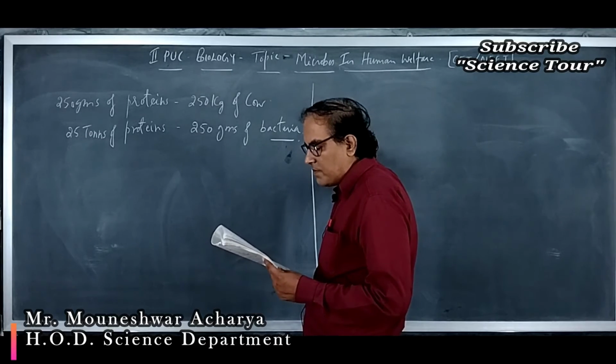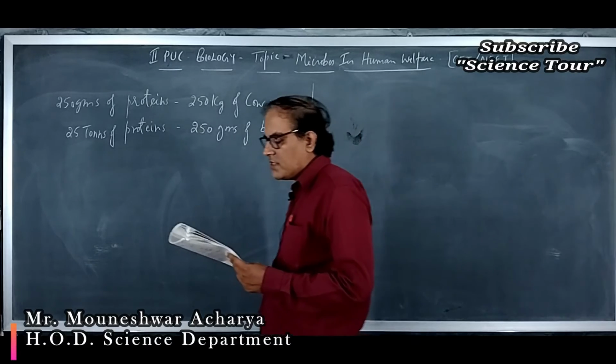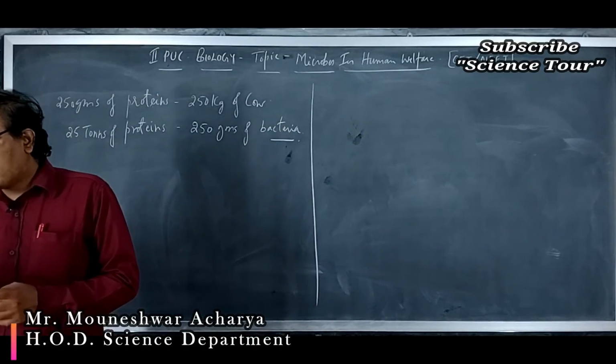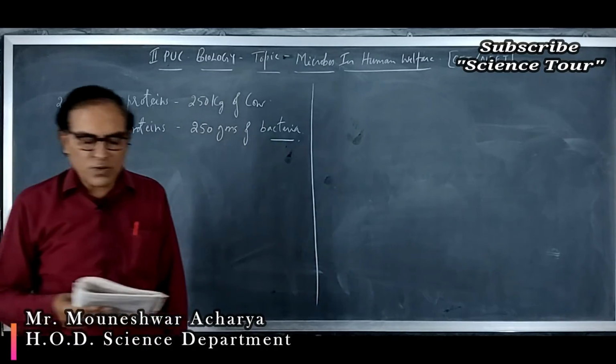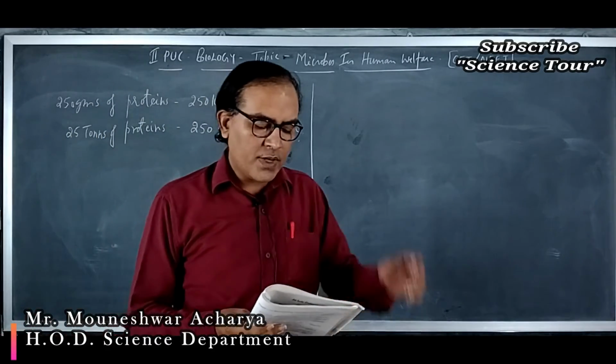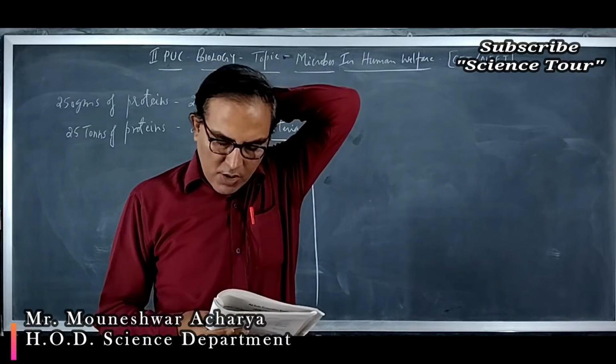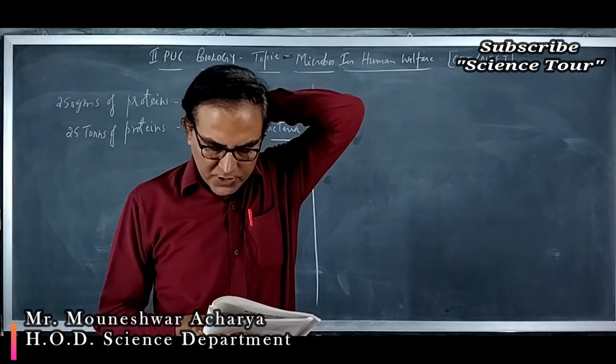Okay, next question number 29. Match the column 1 with the column 2 and select the correct option using the codes given below. Column 1, they are given different names of the products. Column 2, the microbes.